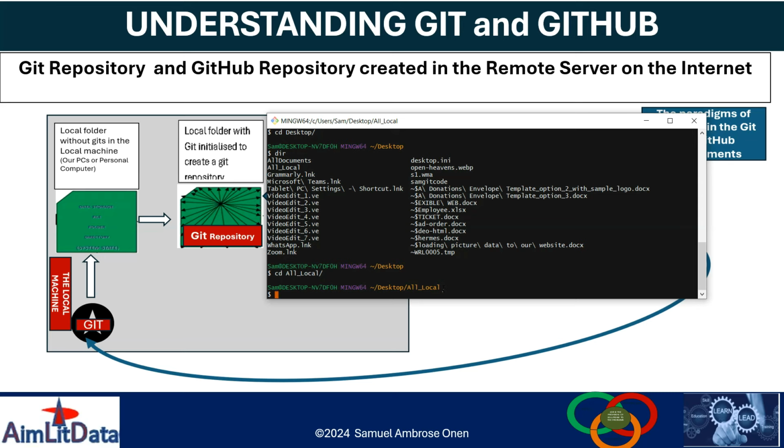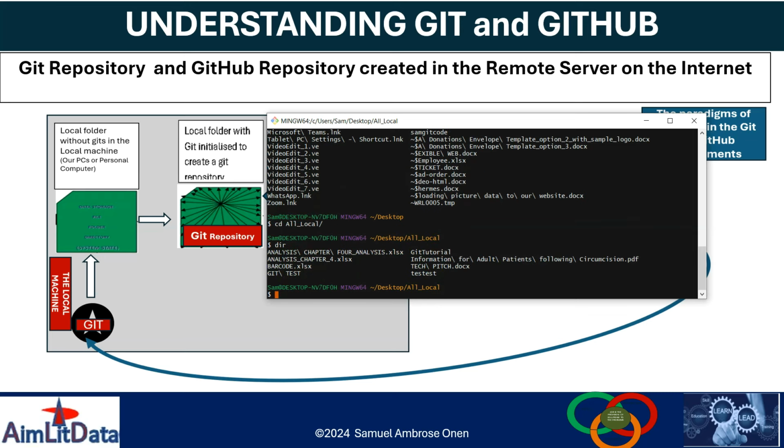Now we can check what is inside the all_local folder by typing dir yet again. My friend, you can see we have many files there. There's some analysis document there. I think I did some work. I was working on a project in the past, and you can see the analysis of chapter 4, the barcode.